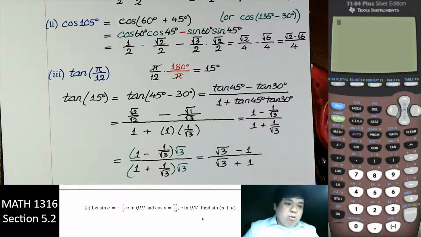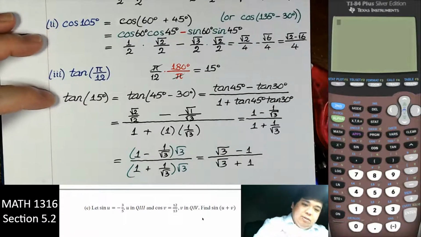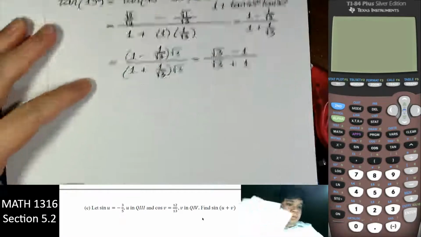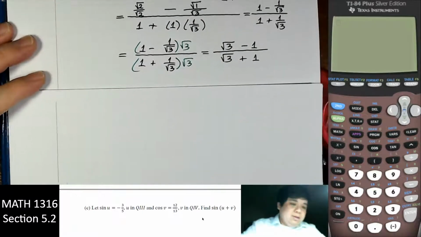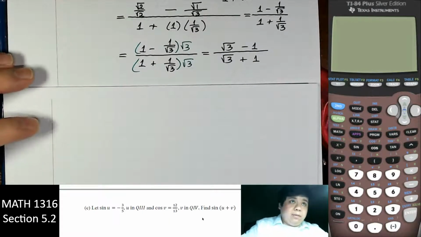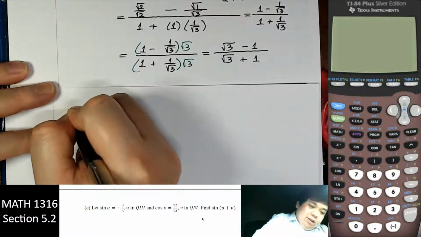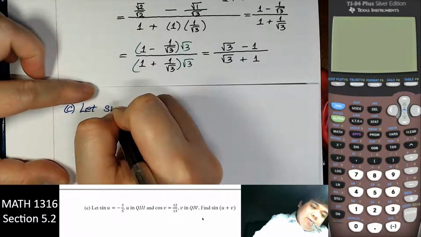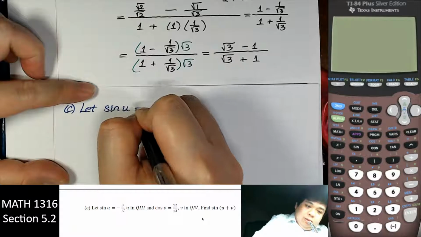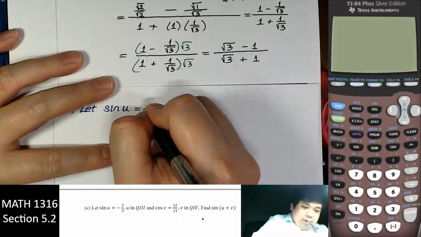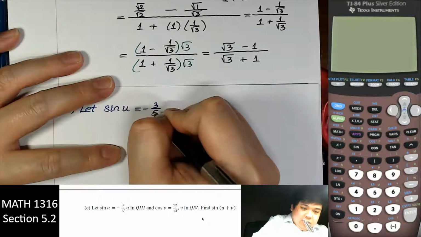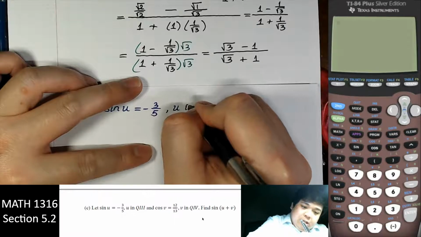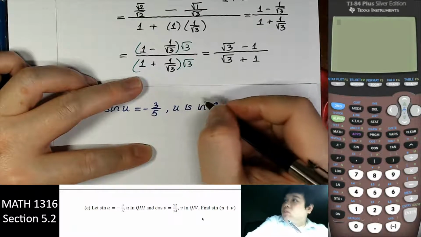Let's go to something a little more complicated. Let sine of u equal negative 3/5, and u is in quadrant 3.